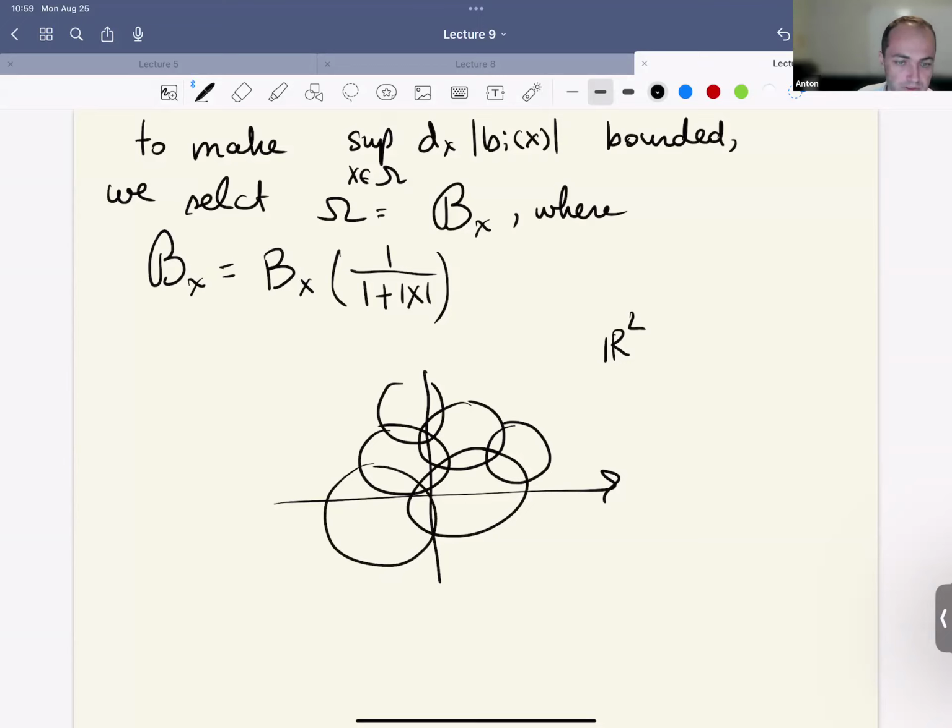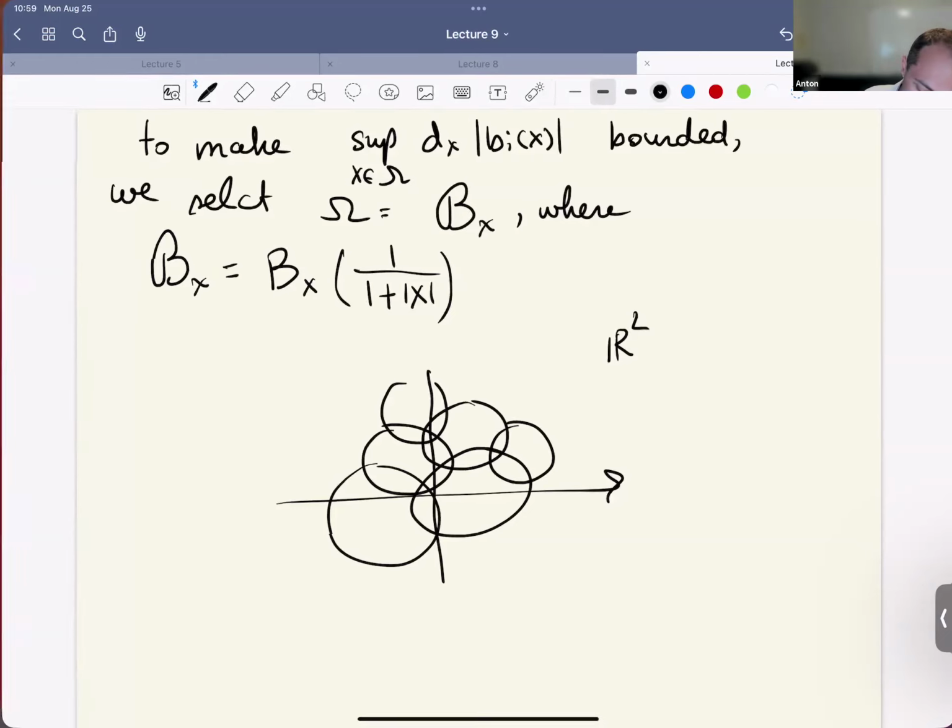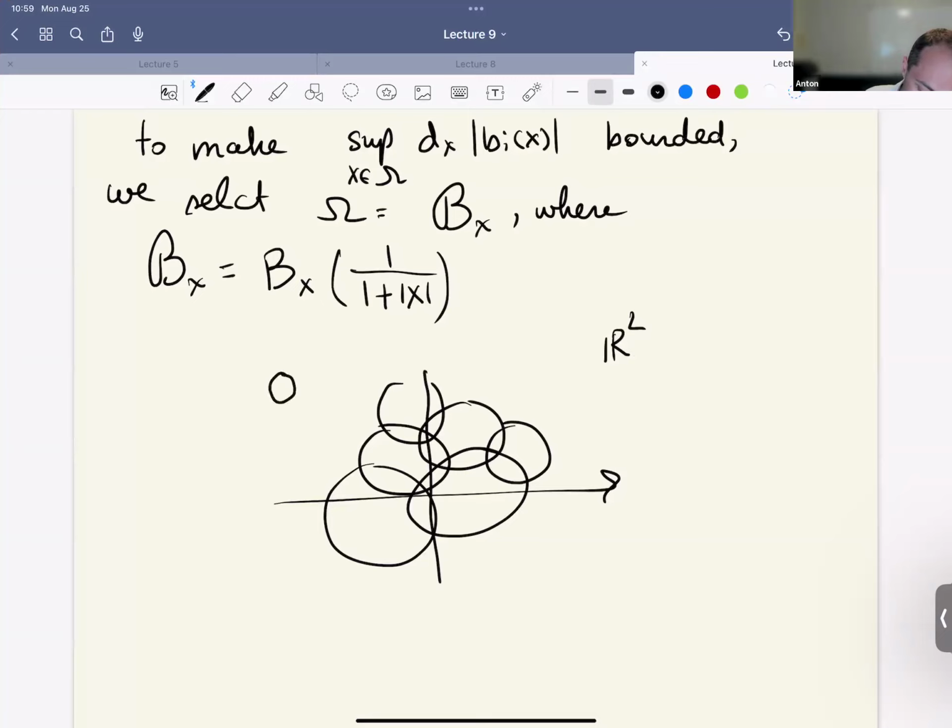That's where the Omegas come in. The farther you are from the origin, the smaller the radius of the ball. The radius of the ball shrinks in proportion to 1 over 1 plus the absolute value of x.